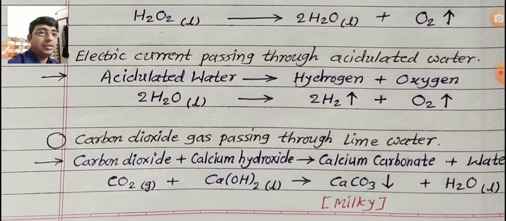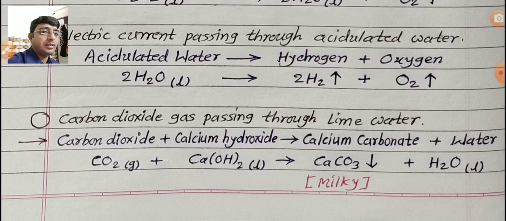One more reaction: carbon dioxide gas passing through lime water, which is shown in the type of figure on that page. So carbon dioxide CO2, which is gaseous in state, plus calcium hydroxide Ca(OH)2 in liquid state. Then what happened? One oxygen from Ca(OH)2 combines with CO2 and immediately forms the CO3 radical having valency 2 minus.